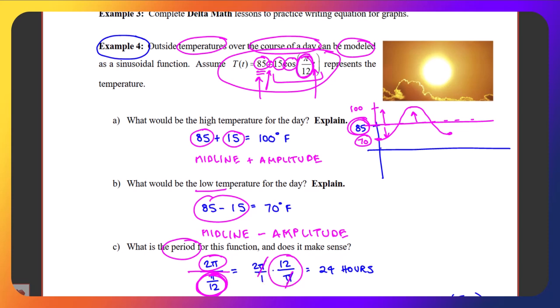Pi over pi is 1. 2 times 12 is 24. Since we're talking about course of a day, I'm thinking this 24 means hours. And if it is, this does make sense. So from here to here is 24 hours.